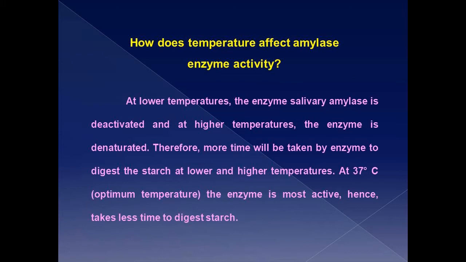At lower temperatures, the enzyme salivary amylase is deactivated, and at higher temperatures, the enzyme is denatured. Therefore, more time will be taken by the enzyme to digest the starch at lower and higher temperatures. At 37 degrees Celsius, that is the optimum temperature, the enzyme is most active, hence takes less time to digest starch.